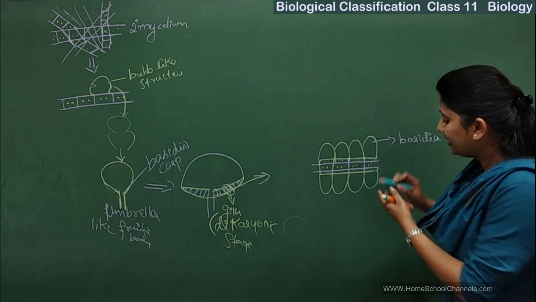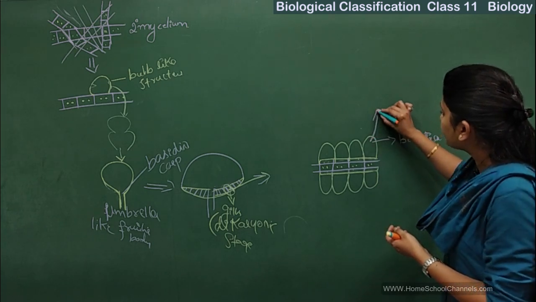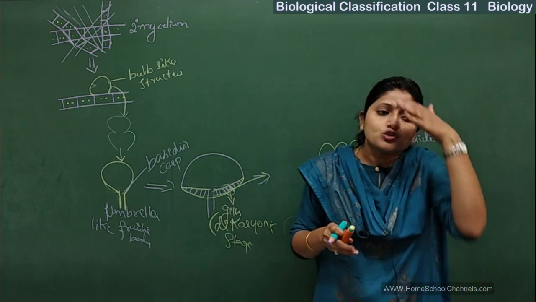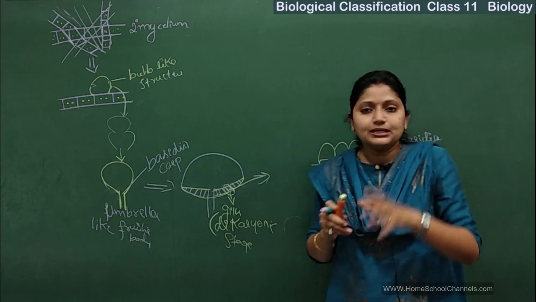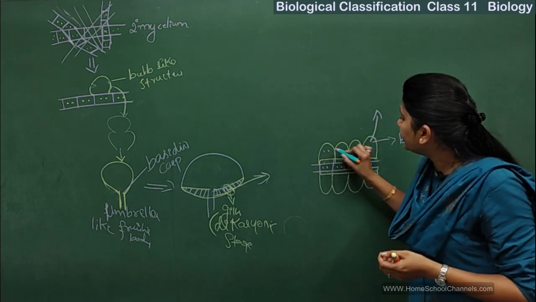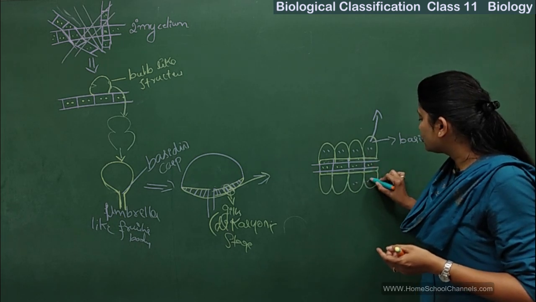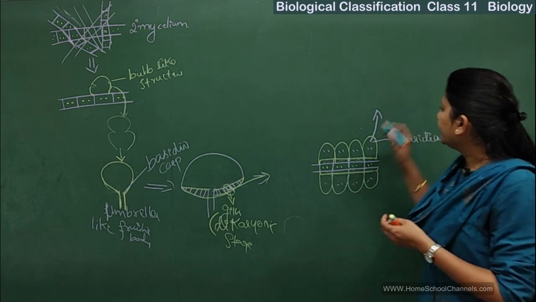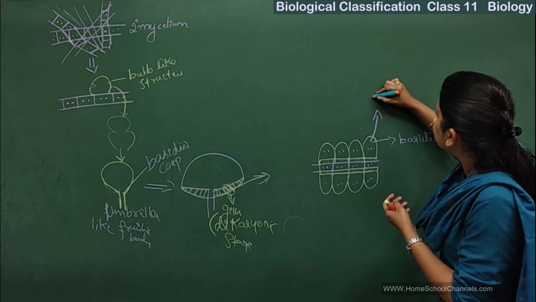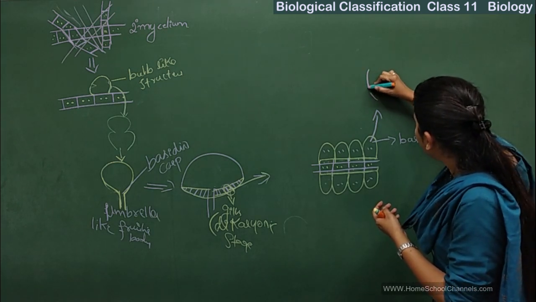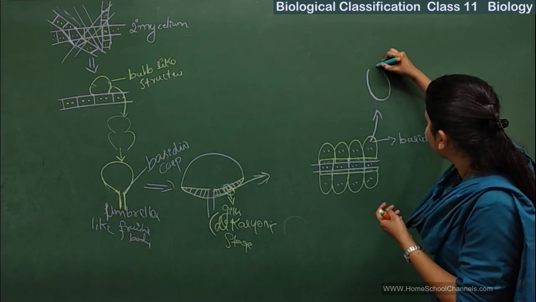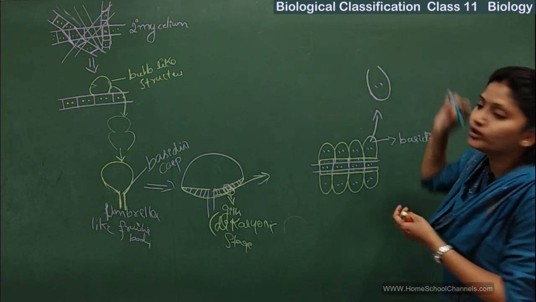I am taking only a single basidium for the next step. Every single basidium also has two nuclei. So let me draw one single basidium, and it has two nuclei.